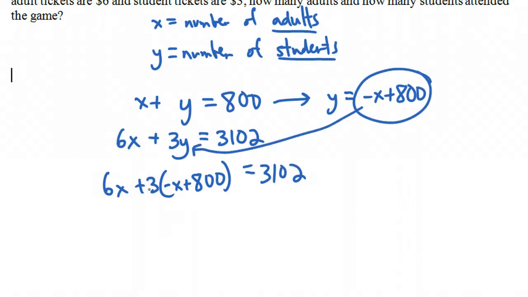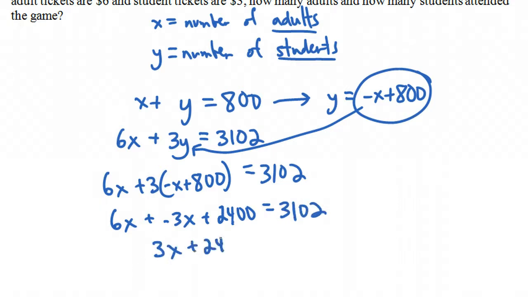Okay, now what we have is just one equation that involves one variable, x, so let's solve it for that variable. We're going to distribute the 3. We get negative 3x plus 2,400 is equal to 3,102. Now 6x minus 3x is just 3x, plus 2,400 is equal to 3,102.